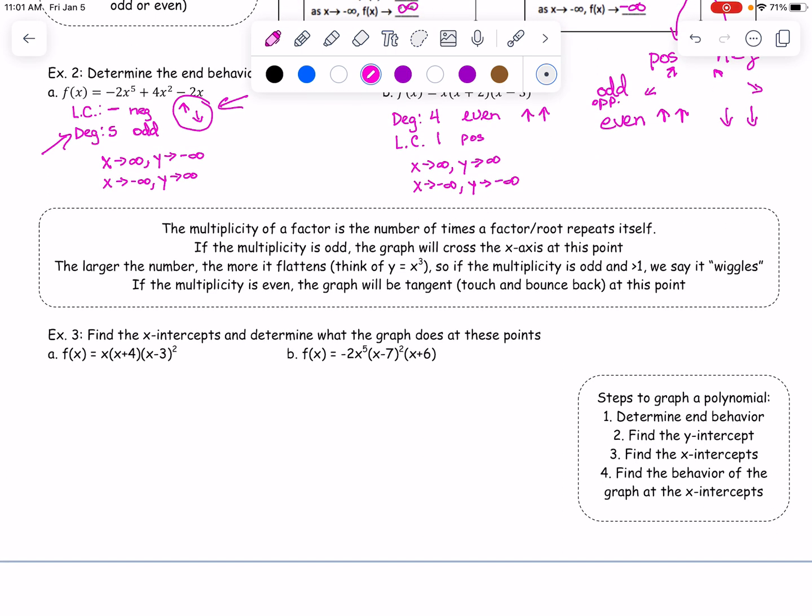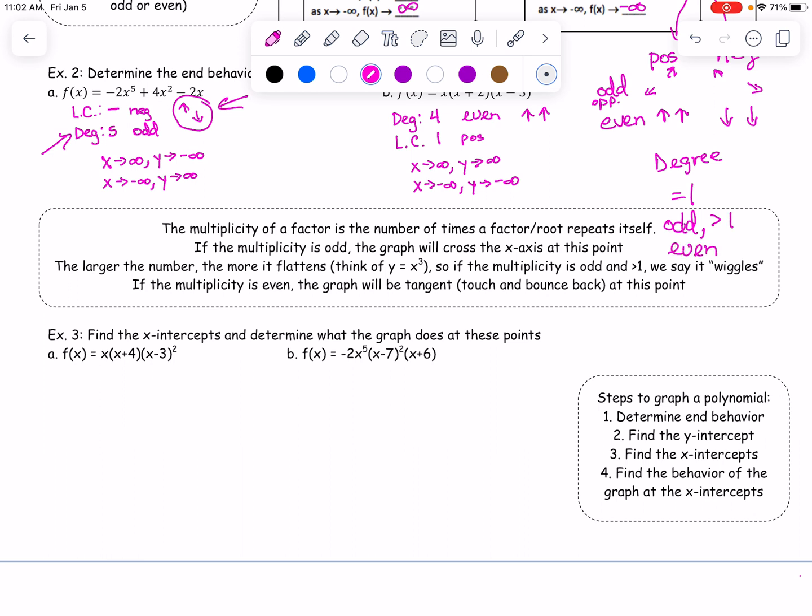Okay, so in a polynomial function, there are 3 things that can happen, and this is all determined by the degree. If the degree is equal to 1, if the degree is odd and greater than 1, or if the degree is even.